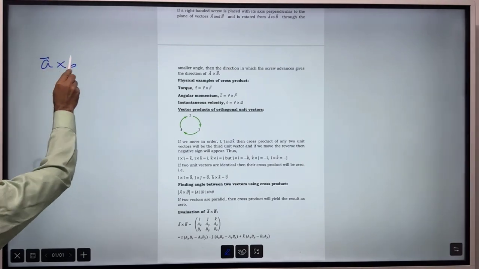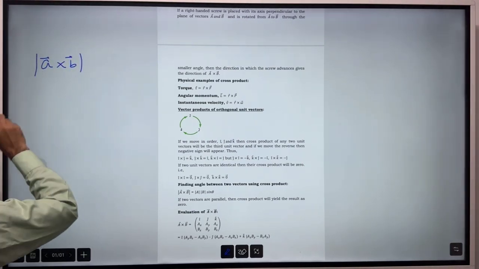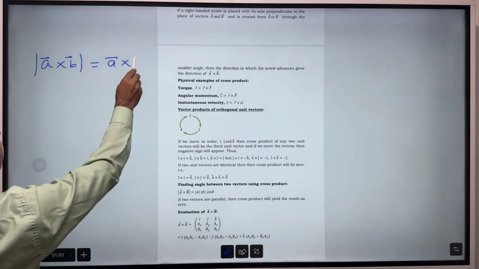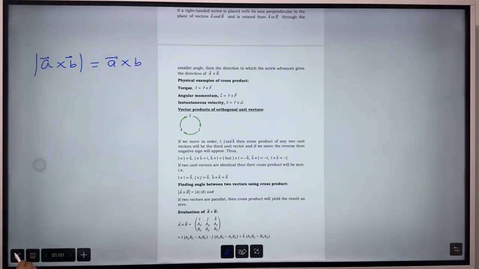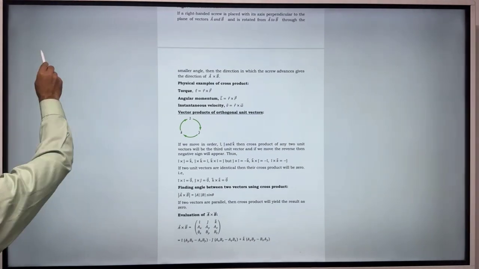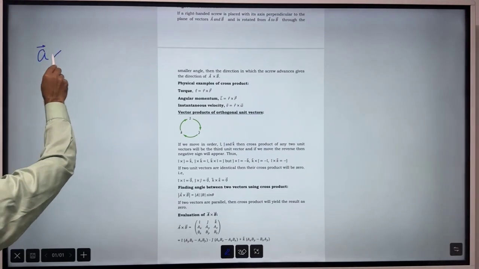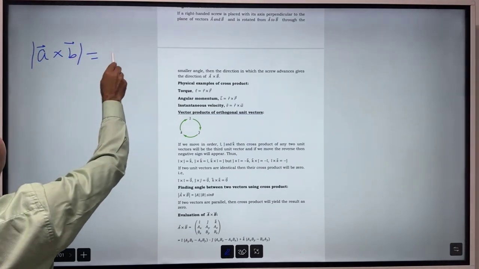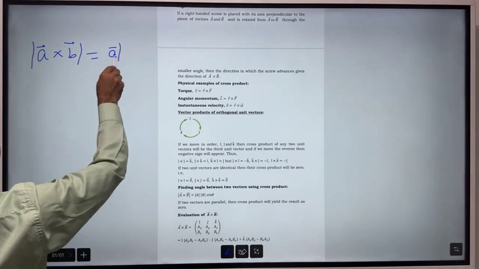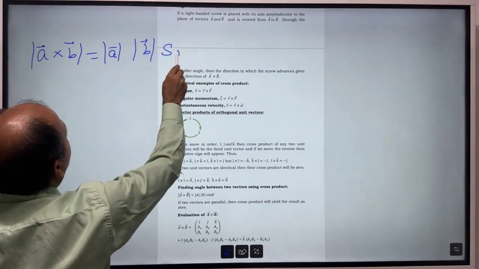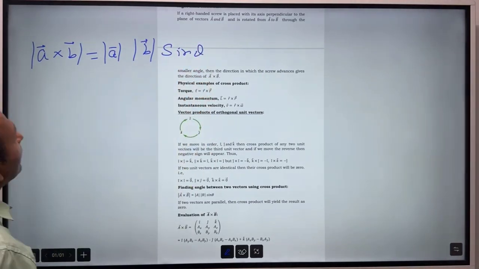Modulus of vector A cross vector B is equal to modulus of vector A, modulus of vector B, times sine theta.